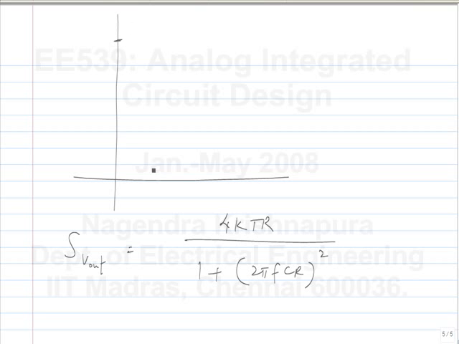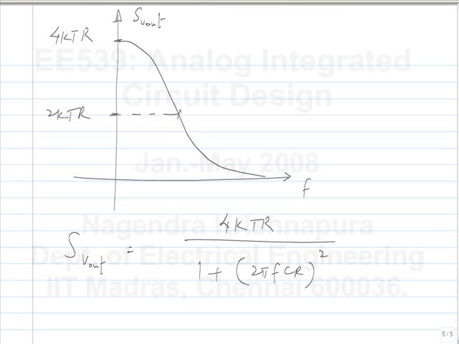The DC value of the spectral density is 4 kTr, and if I plot SV out versus F, it does something like this. Okay. Where does it reach 2 kTr? 1 over, yeah.